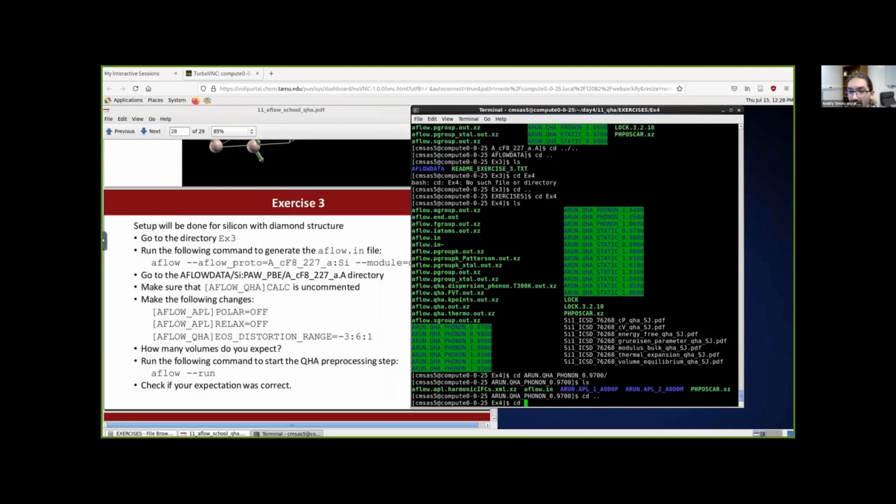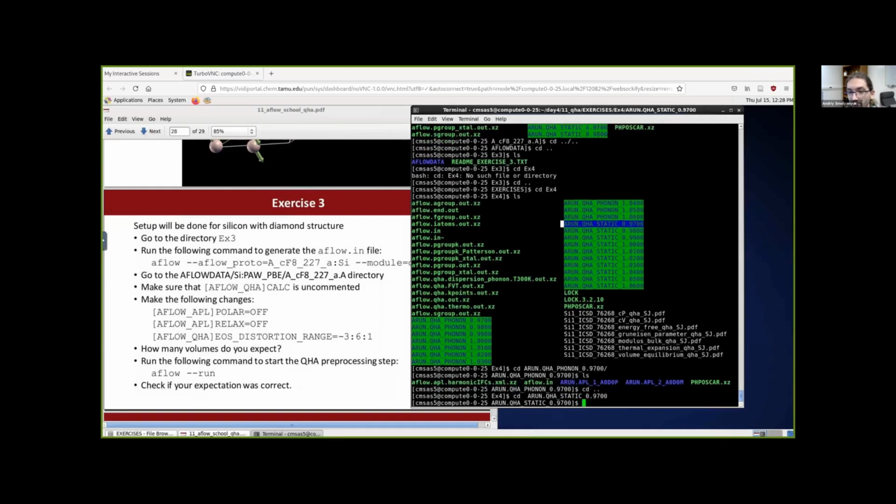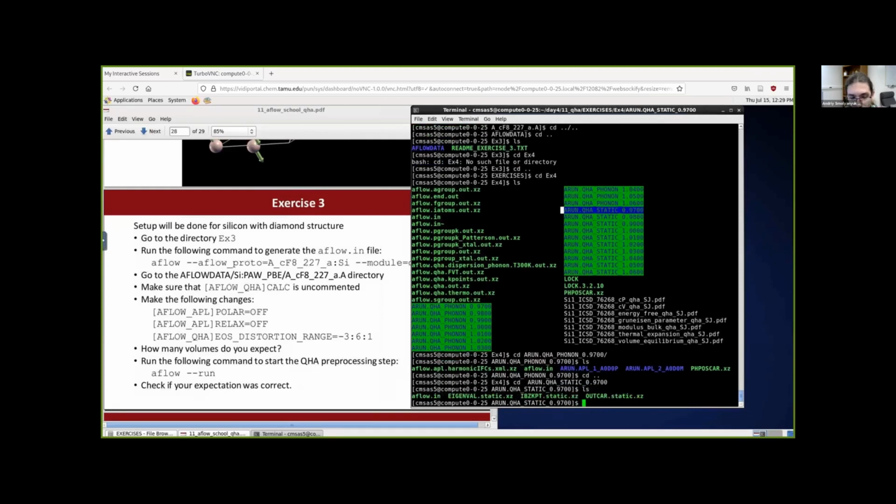And in a static directory, we are just doing a regular static run, because we need to have a static DFT calculation for a specific energy, static energy from DFT calculation for a specific volume, which we cannot extract from a phonon calculation. And here QHA will take it from an OUTCAR file.